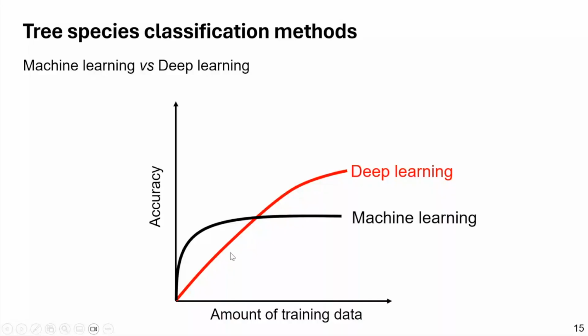So in this context, machine learning methods can provide better results than deep learning methods if we have a small amount of training data. But when we move to a scenario of a high amount of training data, here I'm referring to individual tree crowns, deep learning methods will provide much better results than machine learning methods.